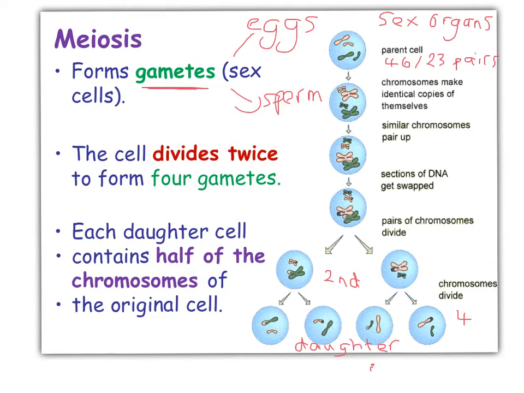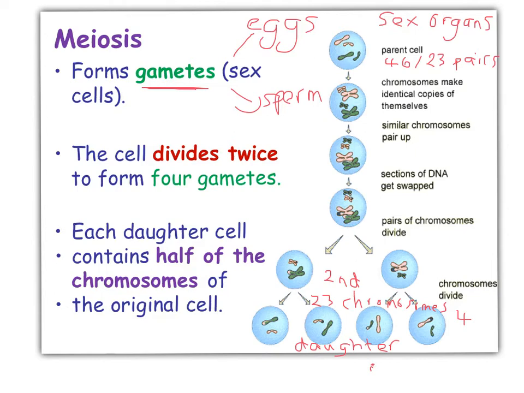We then doubled the genetic material, so we've got 92 single chromosomes. It divides once and then divides again, which leaves us with 23 chromosomes in each. So each of the 4 daughter cells has 23 chromosomes.